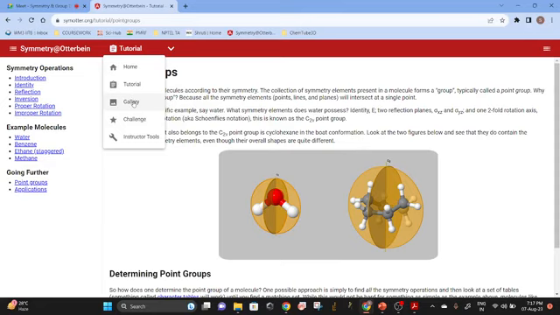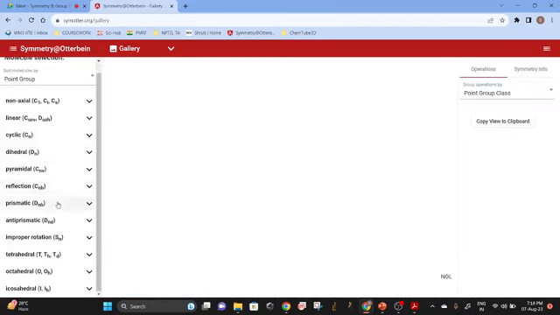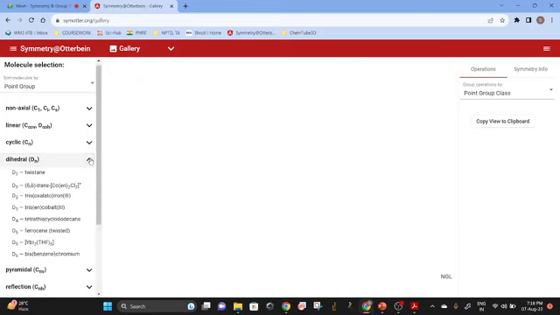Try this app, Symmetry Autobin? It's a very good one to imagine the molecules. Now see this one.